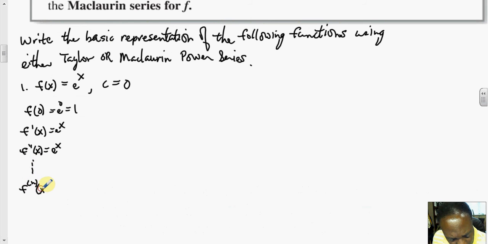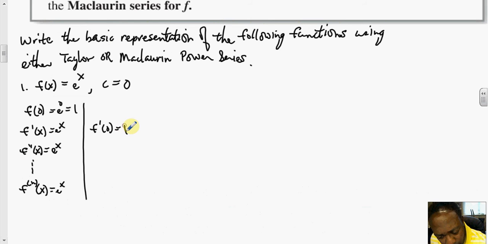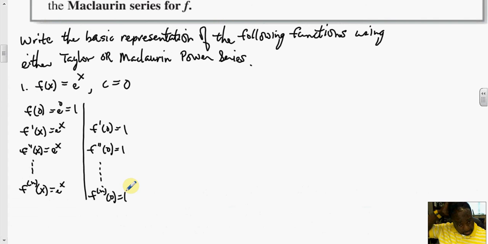The nth derivative evaluated at x is e to the x. So f prime of 0 is 1. F double prime at 0 is 1, and so on. The nth derivative at 0 is still equal to 1.